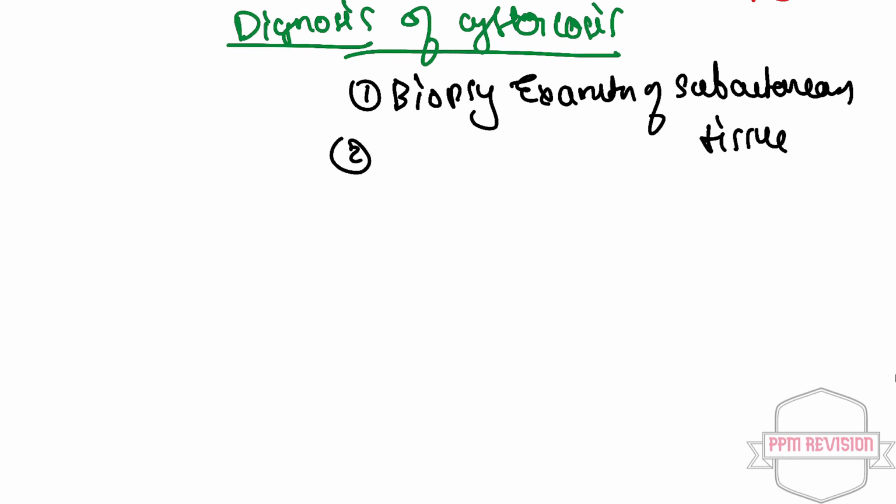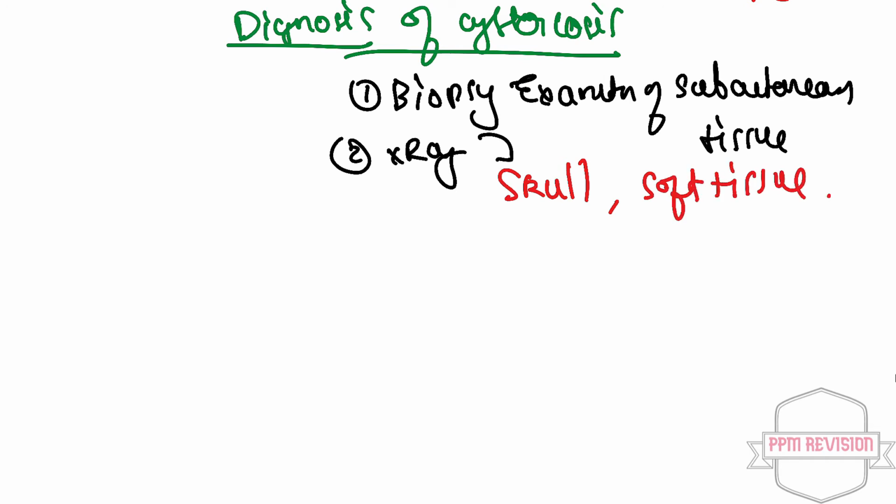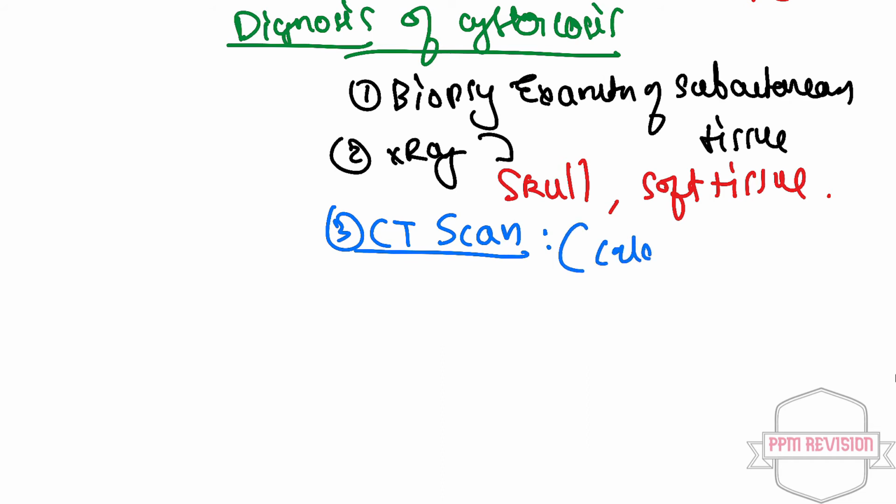Then there is also X-ray of the skull. It is important to know what X-ray is taken. Here it is of the skull and the soft tissues. Also, the CT scan is taken. This is for the calcified cyst.